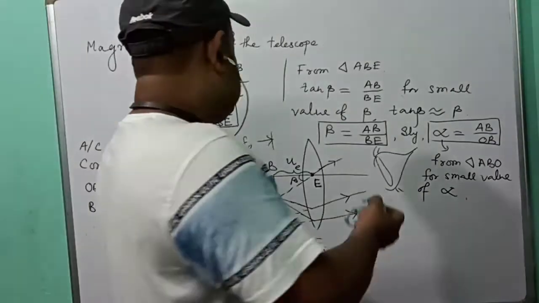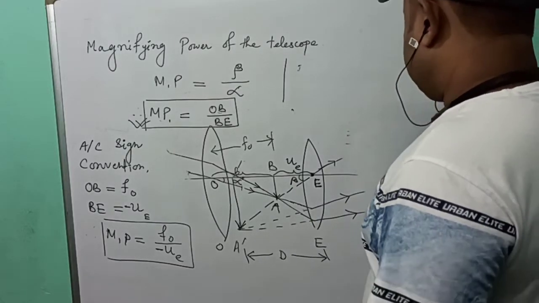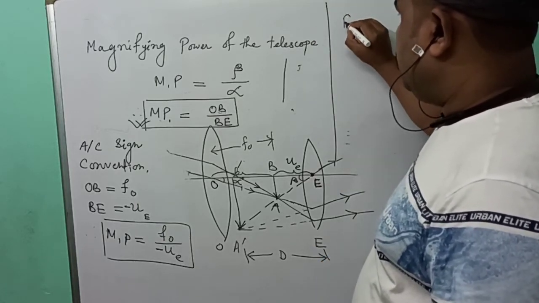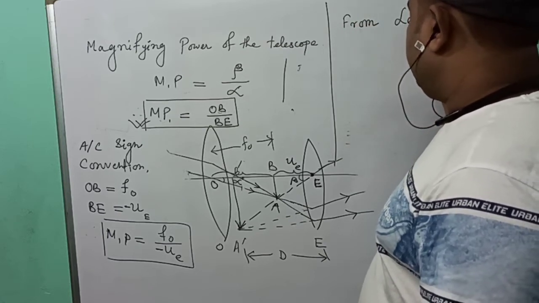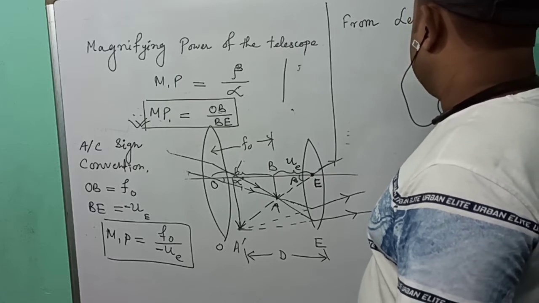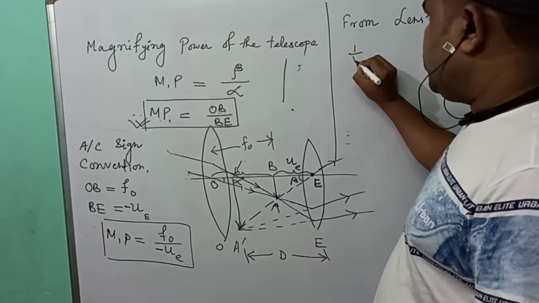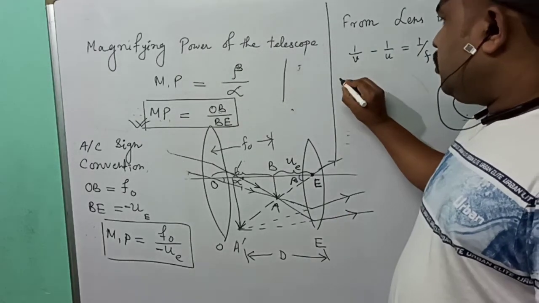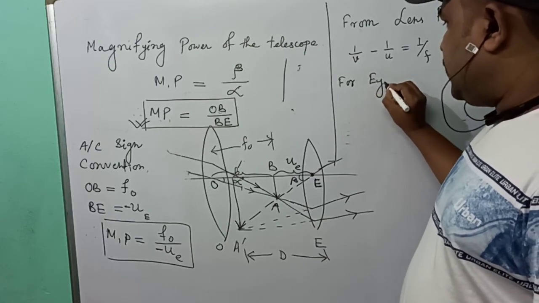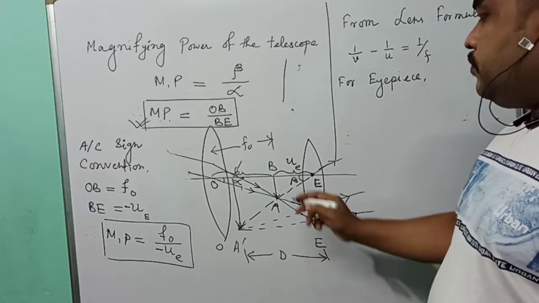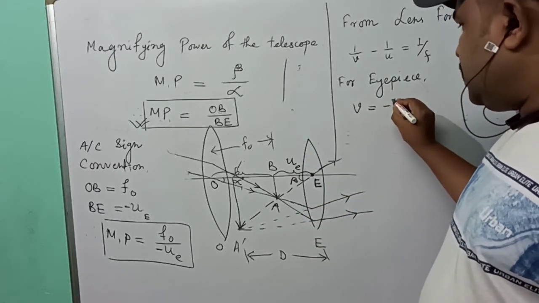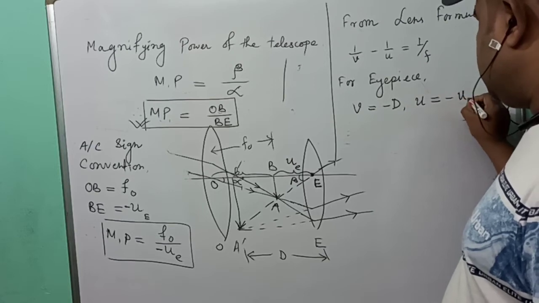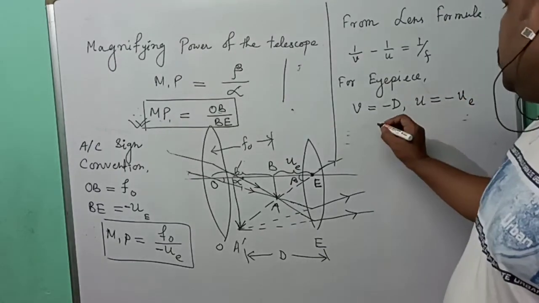From the lens formula, 1 by V minus 1 by U is equal to 1 by F. For the eyepiece lens, V will be minus D according to sign convention, U will be minus UE, and F will be FE.